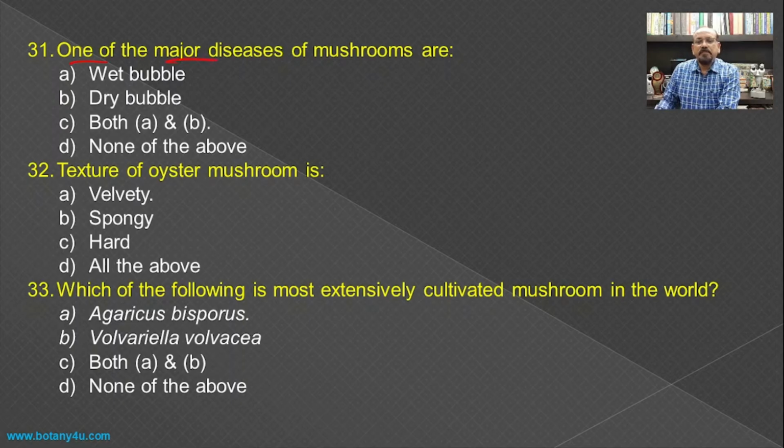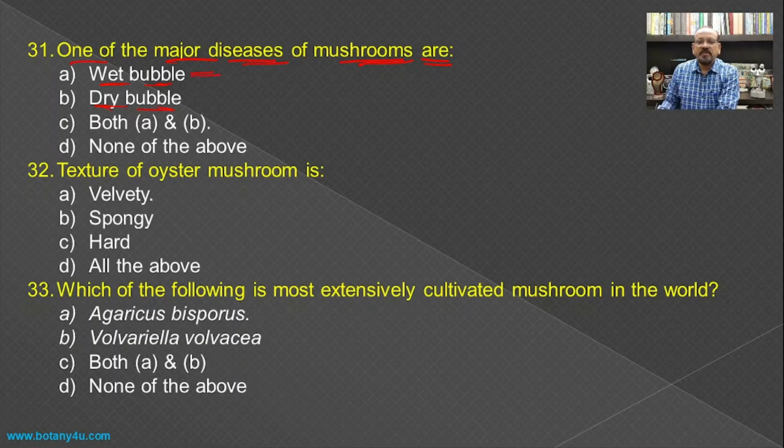Then one of the major diseases of mushrooms are, if you see, the wet bubble and the dry bubble, depending upon the type of the climate when the mushrooms are cultivated.